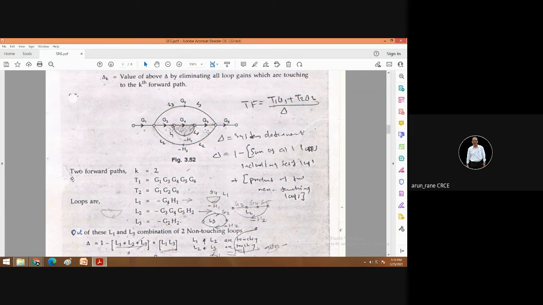So G2 into H2 with a minus sign. It has been shown separately. See, this loop is L1, then L2 is this, and then L3 is like this. Please try to understand these loops. Slowly it will become clear; at first it may be confusing.